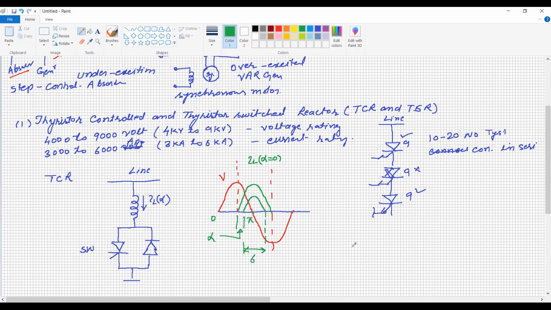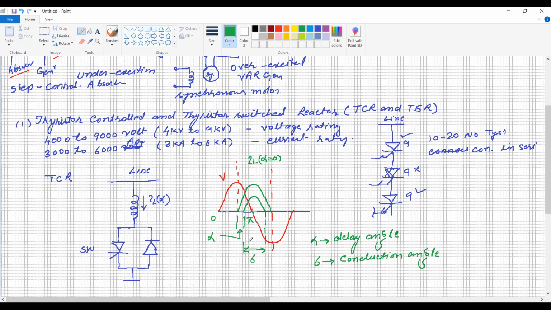Just to understand it very well, this is the firing angle or delay angle, and this is the conduction angle. Now, by delaying the angle alpha, it is possible to control the conduction angle.